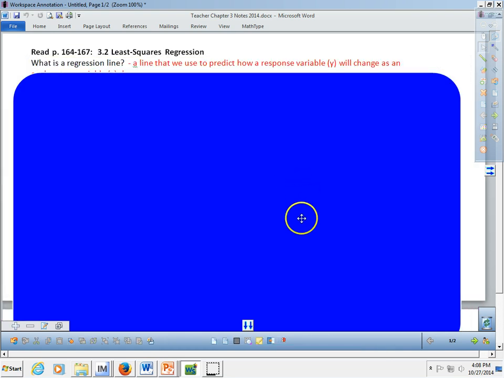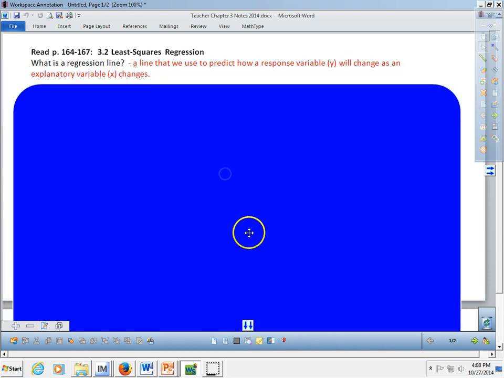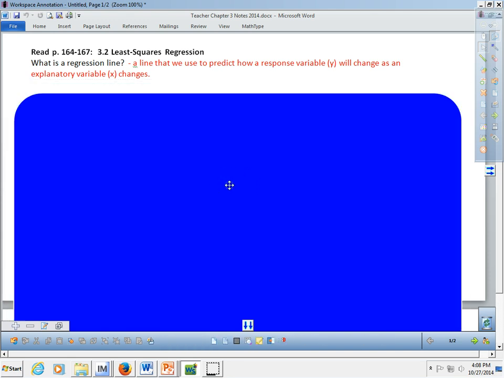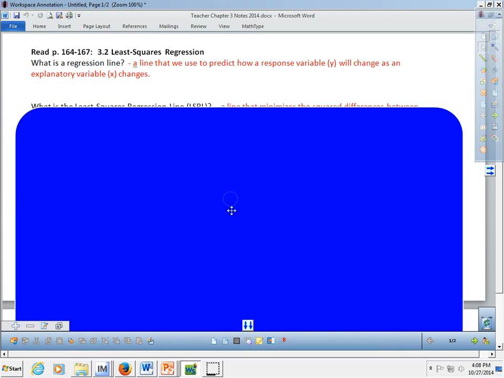Okay? A regression model can come in two forms. It can come in the form of a line or a curve. For right now, we'll focus on lines. And a regression line, by definition, is a line that we use to predict how a response variable, or a y, will change as an explanatory variable changes.